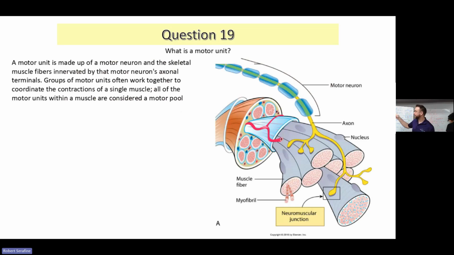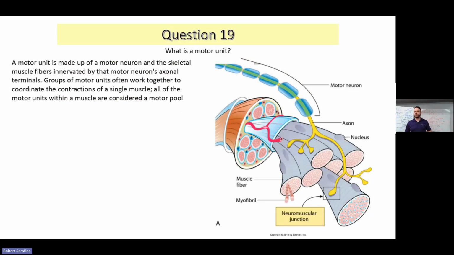You can see a decent example in this picture of what we were just looking at with the neuromuscular junction: a single motor neuron, a single branch that breaks off into all these little telodendrites that touch a bunch of different individual muscle fibers and control them. That group, that block, is the motor unit.